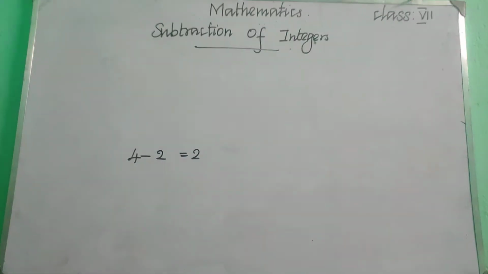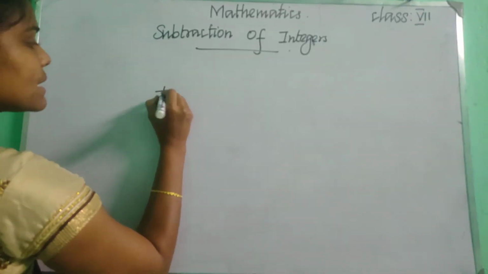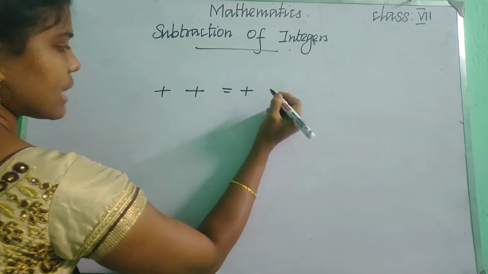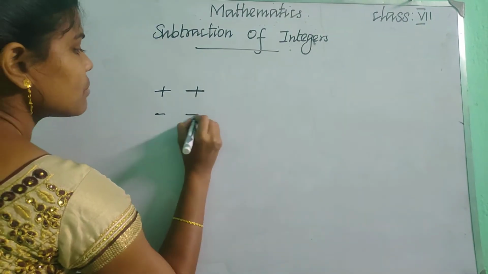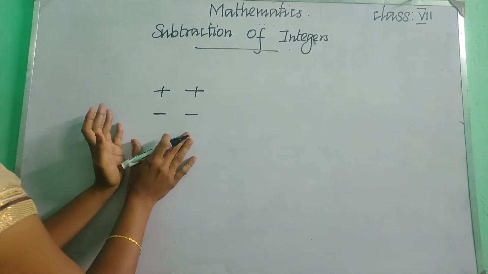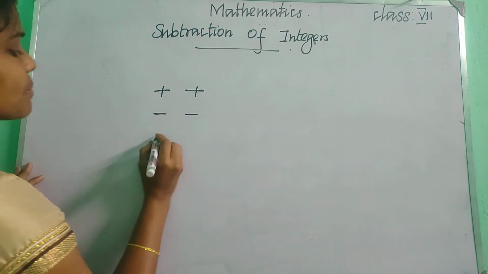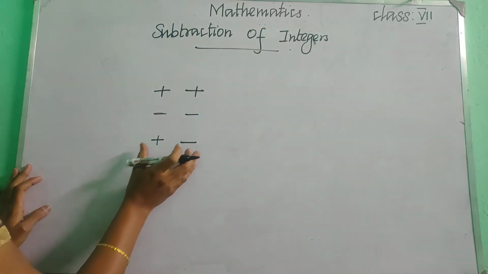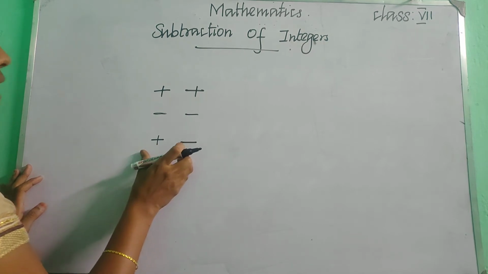So what are the rules we have learned? If you are having plus and plus, we need to add and put the same sign. For minus and minus, same sign means we need to add and put the same sign. And if you are having plus and minus, different signs, we need to subtract and put the greater number sign.